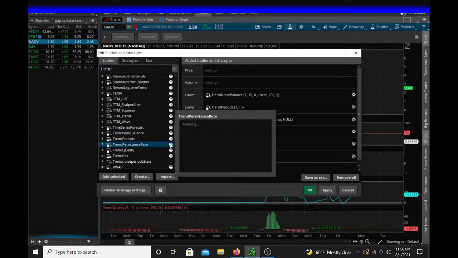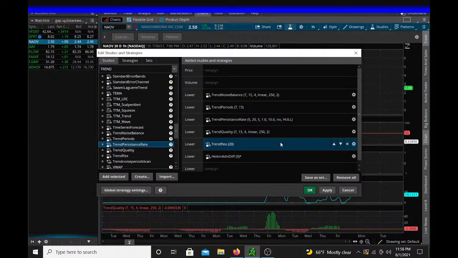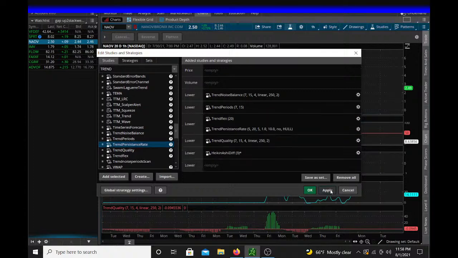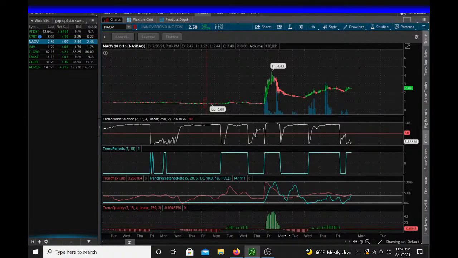And let's see what that trend persistence rate is based on. And we know it has something to do with moving averages. And it looks like we've got our trend flex under here. Let's move that up with our trend periods. And there's a trend flex.